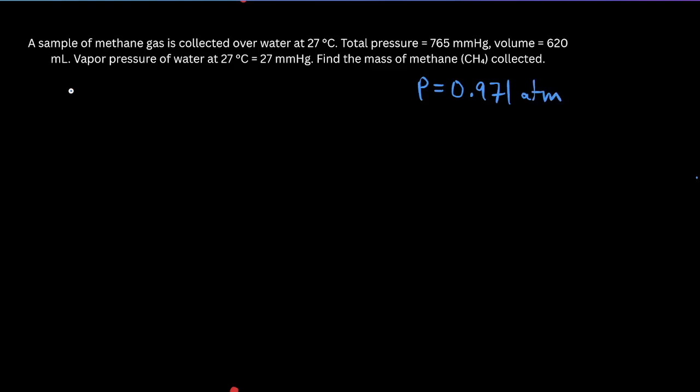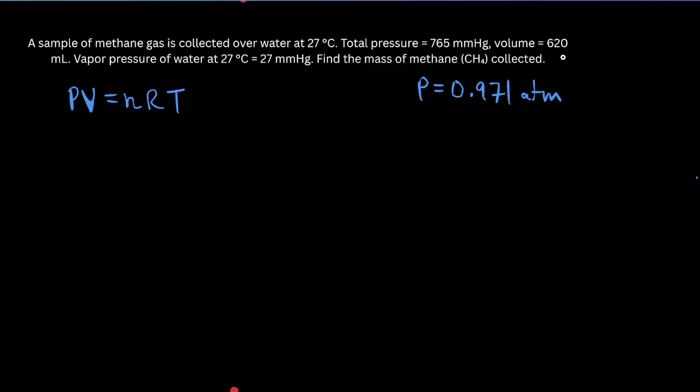What do we need next? Well, let's write out our ideal gas law real quick. PV equals nRT. Just like before, we're going to isolate for our moles. So our moles is equal to PV over RT. We just found our pressure. We now need our volume and our temperature to move forward. Let's start with our volume.